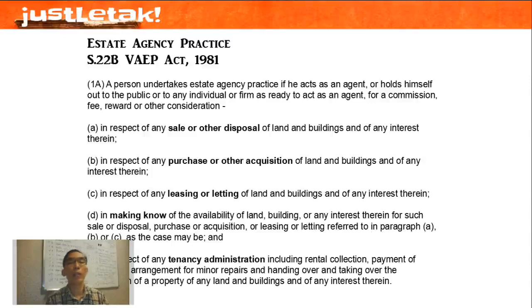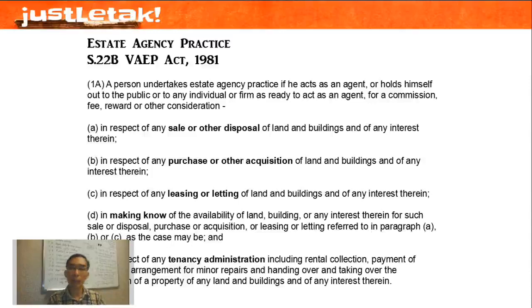You can be an agent for sending a courier, but you are not an estate agent for the particular area of selling a house or renting a house. So agency is a broader term, and estate agency is a subset of agency, within the normal context of appointing a person to carry out another person's job.